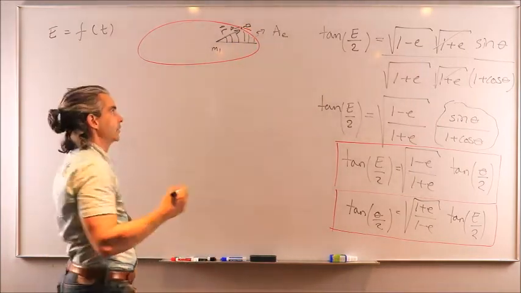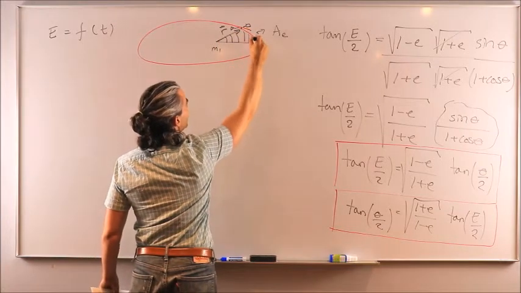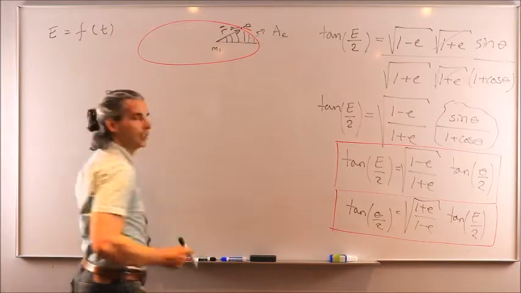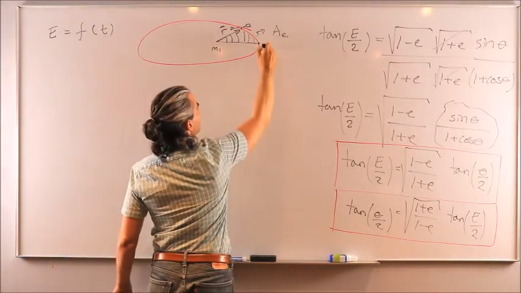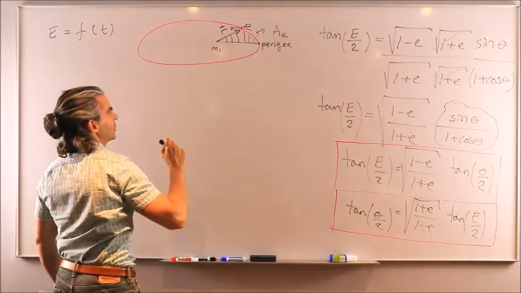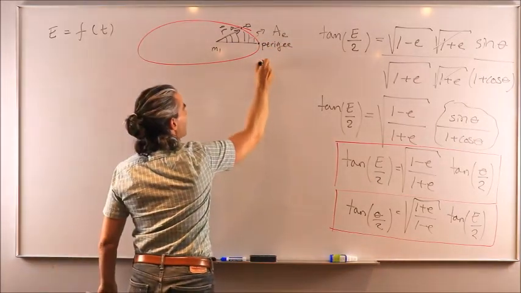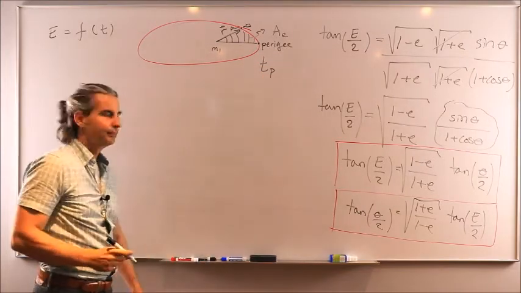And that time interval is the time between the current time, t, and the time of perigee passage. This is the time at which the spacecraft is directly at this point, which is the perigee, as you know. So I'm going to denote the time of perigee passage by t subscript p, okay?